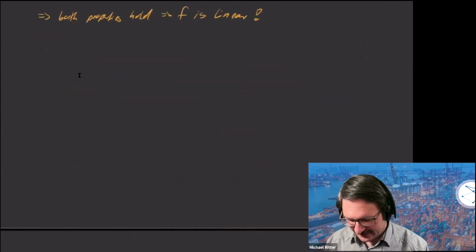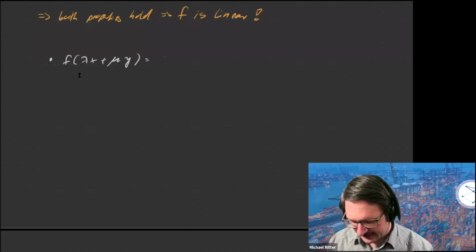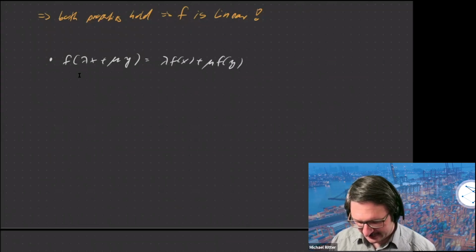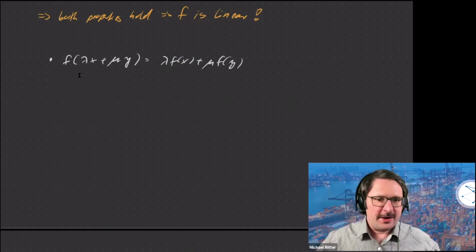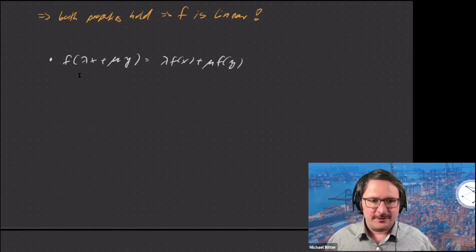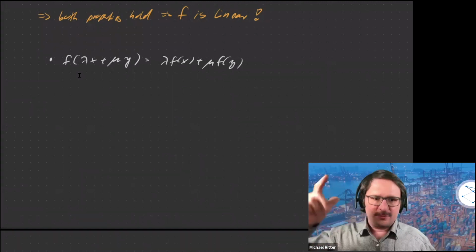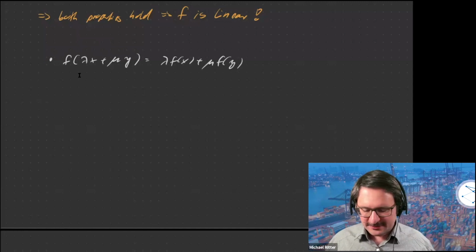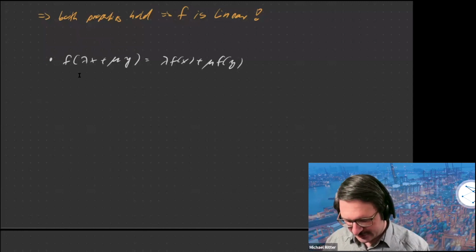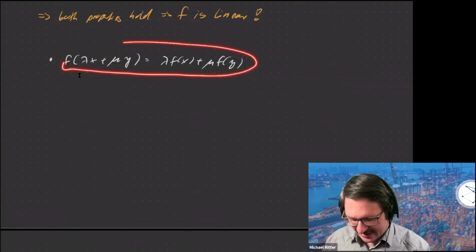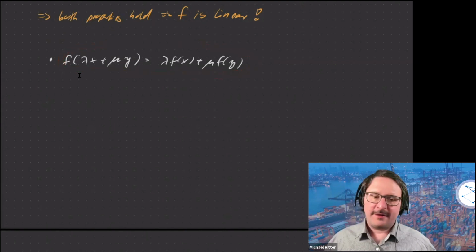If I got that right, what you wanted to do was something like this here: lambda f of x plus mu f of y, for vectors x, y and for scalars lambda, mu, right? Yeah. So that's an alternative to proving these two properties separately. You can, of course, also just take this property here and prove that. If that's easier or shorter for you, then by all means, that's fine.